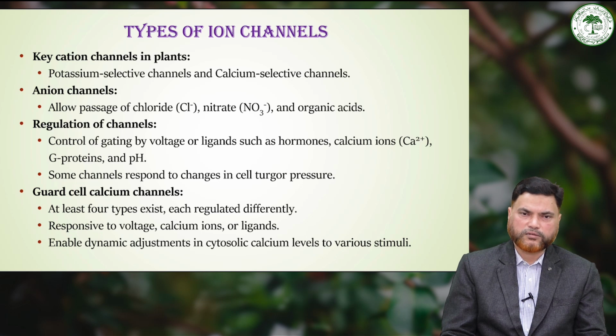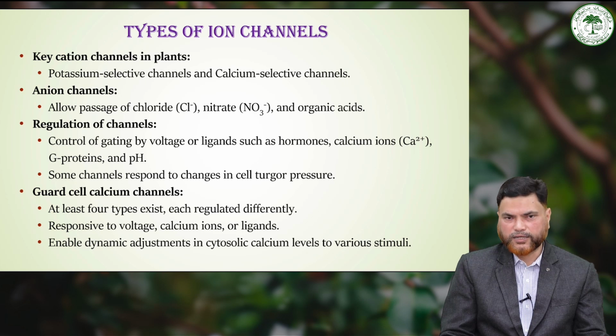But as you see that calcium selective channels generally permit the passage of a range of anions like chloride, nitrate and organic acids. So see the difference, what these cation channels are meant for, like we discussed potassium selective channels and calcium selective channels.